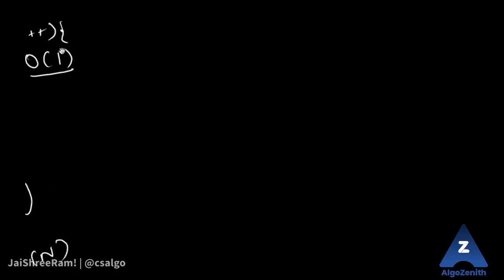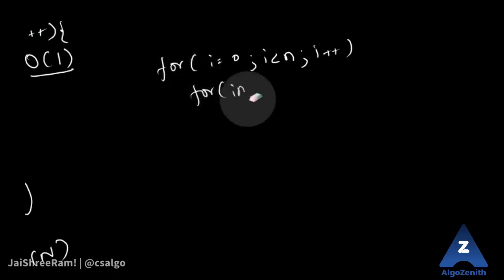Let's say you have for i equal to 0, i less than n, i plus plus, and again an inner for loop, where you are not writing data types over here.